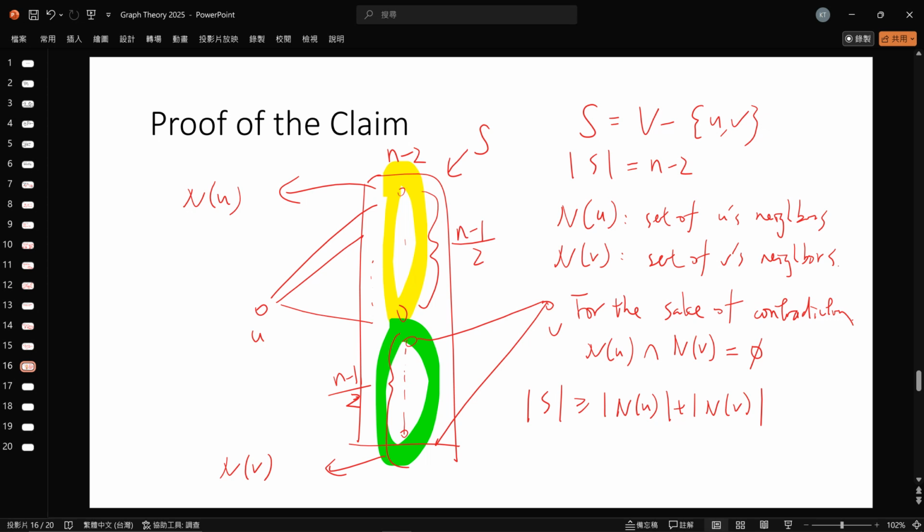If they are not disjoint, then this inequality may be wrong. But now we know that the number of neighbors of u is at least (n minus 1) divided by 2, so this is at least this.